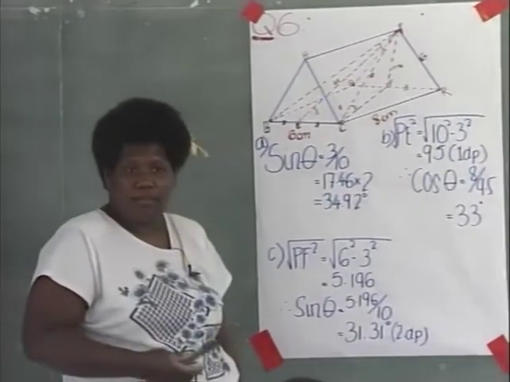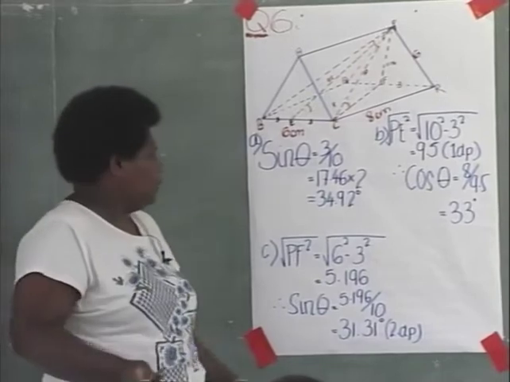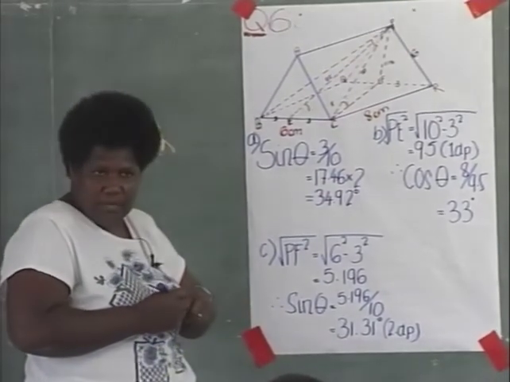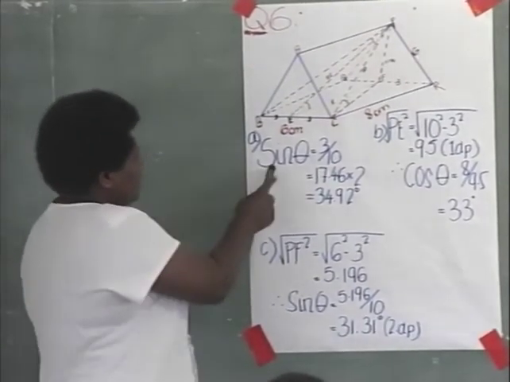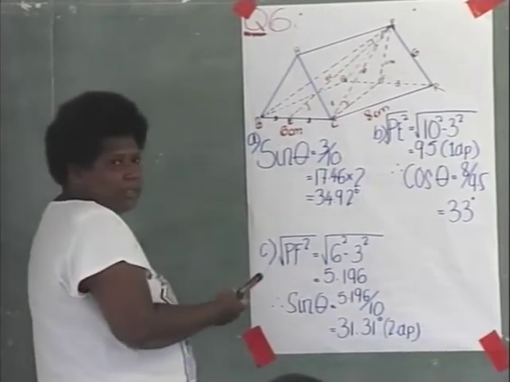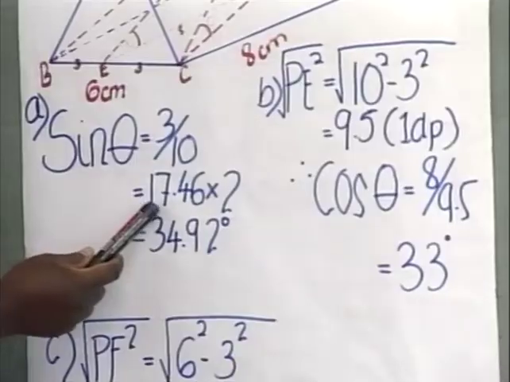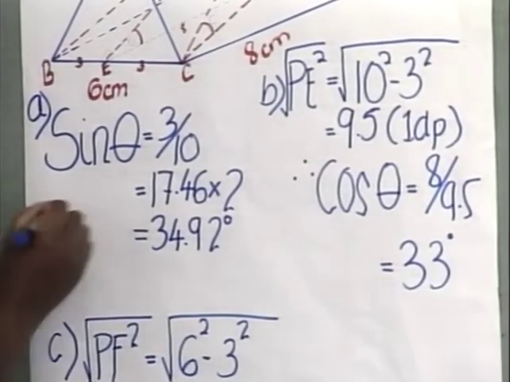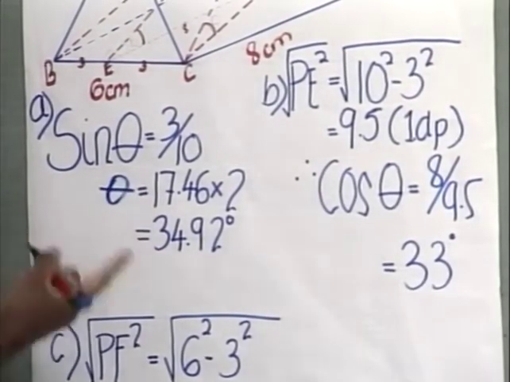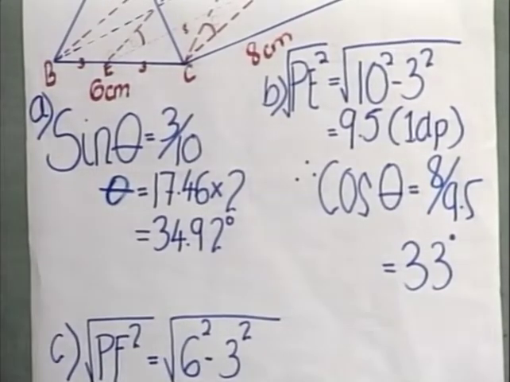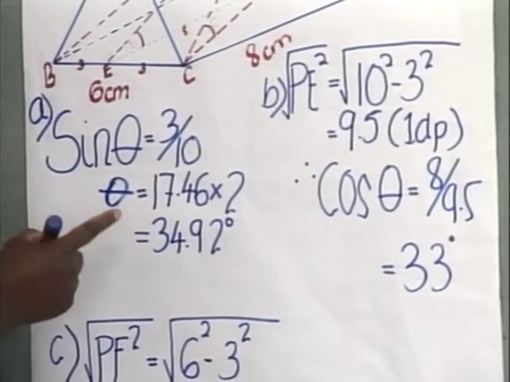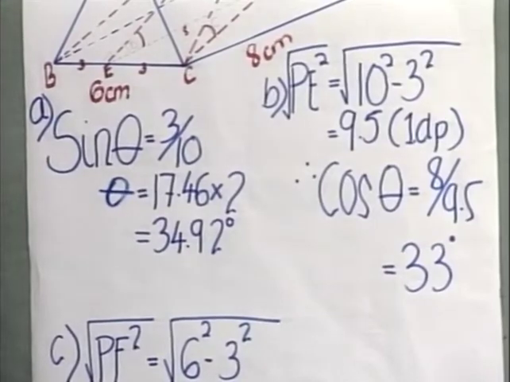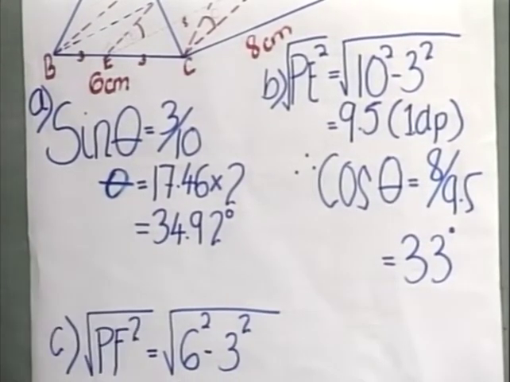Okay. Just one important note that I keep repeating all the time. Sine theta is equal to 3 on 10, and you are saying equals 17.46 times 2. No. Theta is equal to 17.46 and the required angle is 17.46 times 2, which is 34.92.